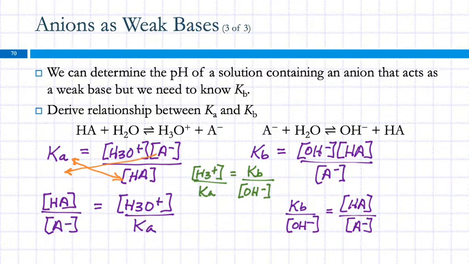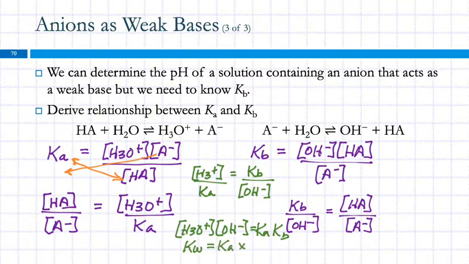And I can rearrange that and come up with H3O plus times OH minus equals Ka times Kb. And what is H3O plus times OH minus? Kw. Kw equals Ka times Kb.